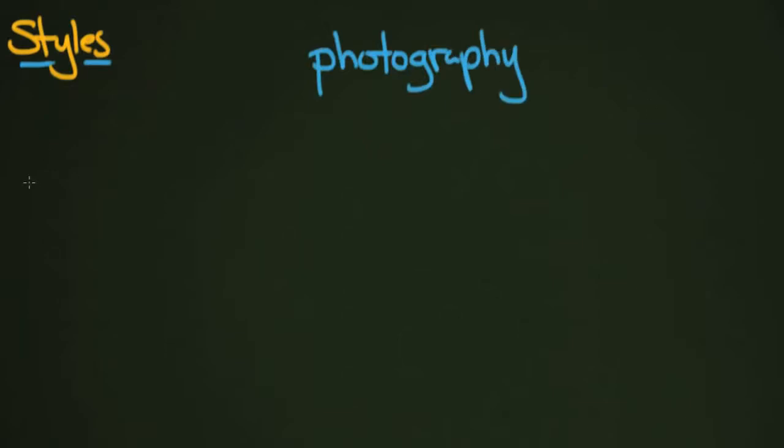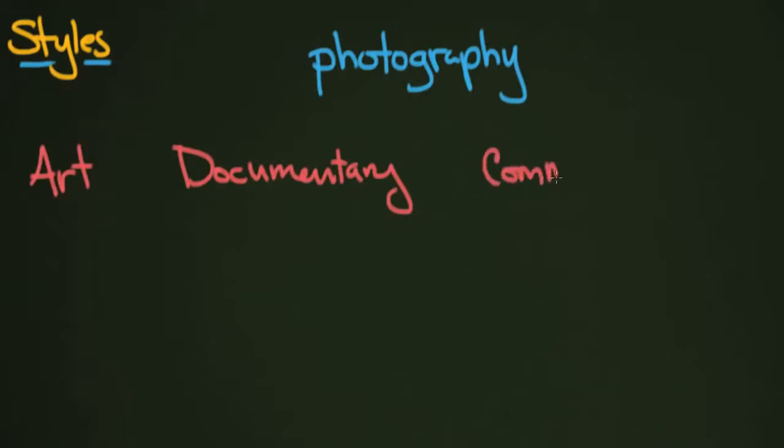So we're going to just start out by writing them all out. So we've got art photography, we've got documentary photography, and we have over here commercial photography. And I'm actually going to put one more group over here, and we're going to call that the X group, because I'll talk about that in a minute.